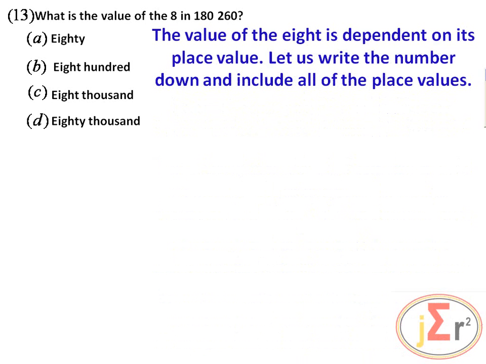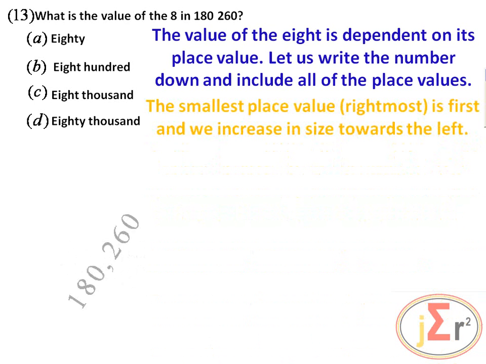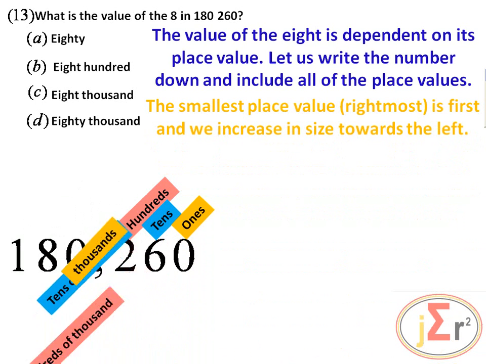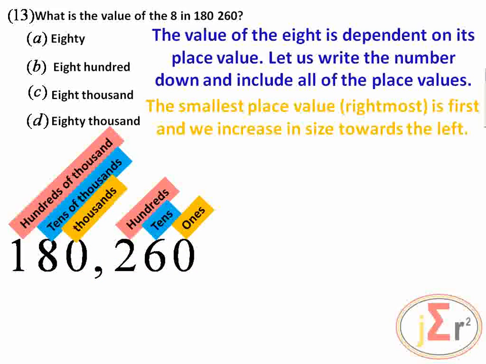The value of the 8 is dependent on its place value. Let us write the number down and include all of the place values. So we will write down 180,260, and we are including all of the place values.